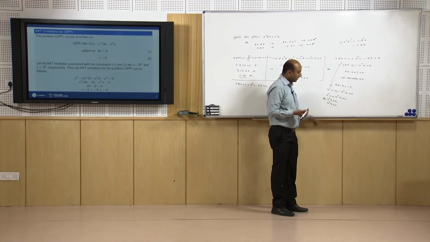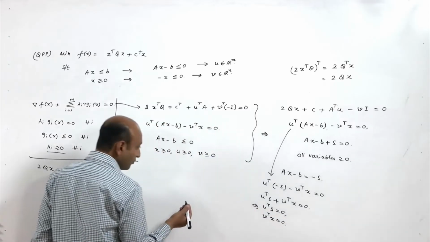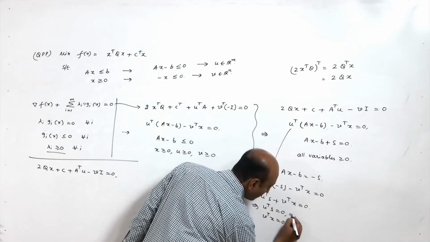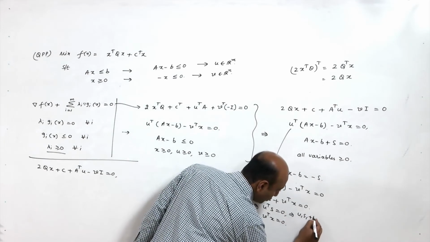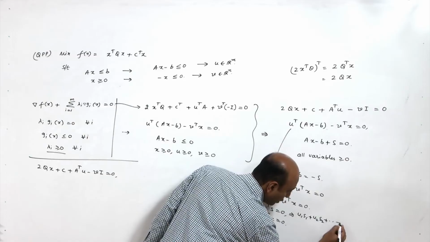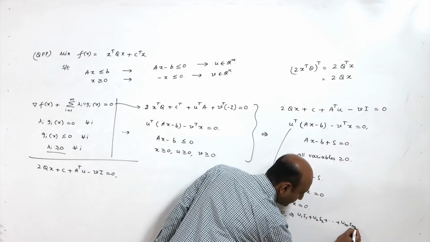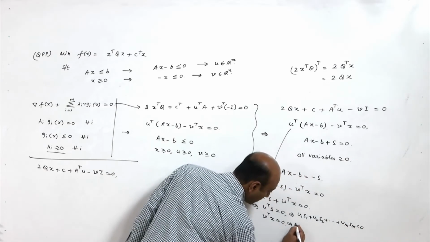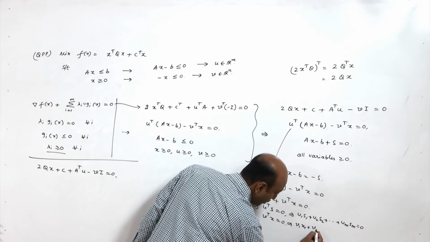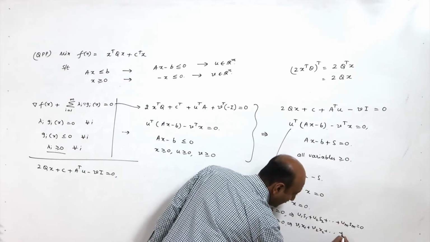What does it mean? u transpose s is u1 s1 plus u2 s2 and so on up to um sm, and likewise v1 x1 plus v2 x2 and so on up to vn xn.